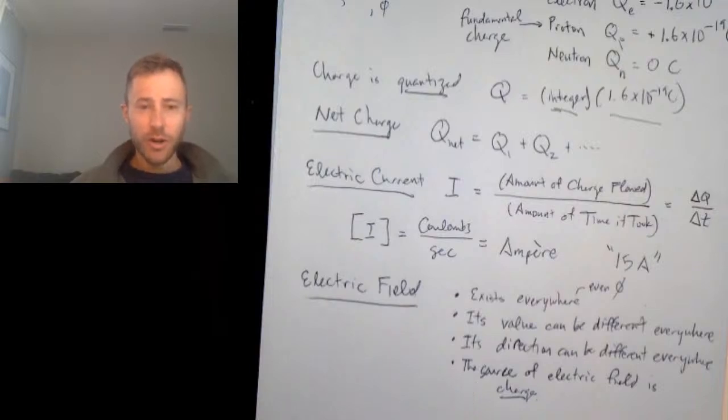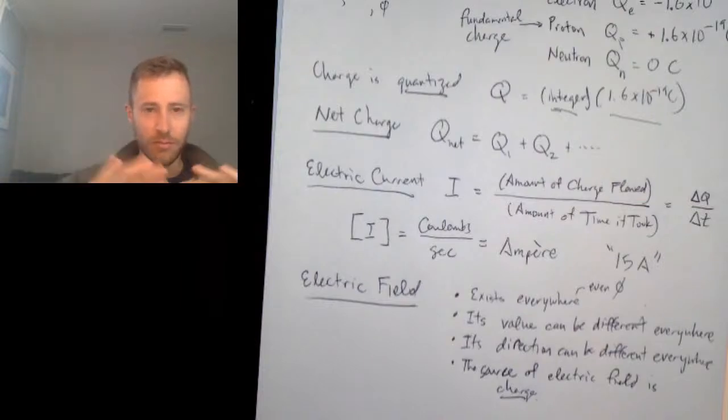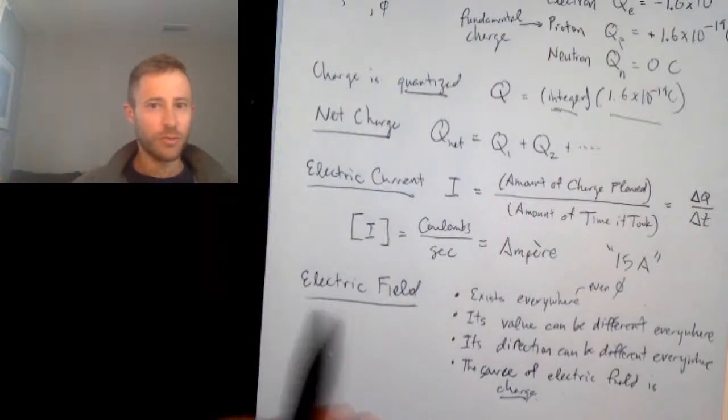Electric charge is what makes the electric field exist in the universe. If we didn't have any electric charge in the universe, then there would be no electric field. It would just be 0 everywhere.